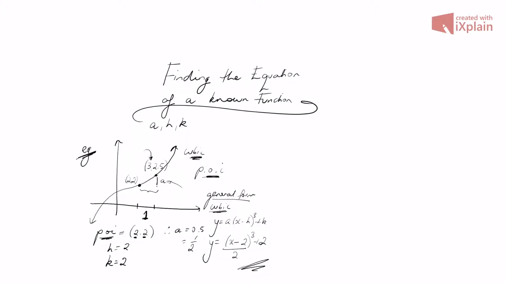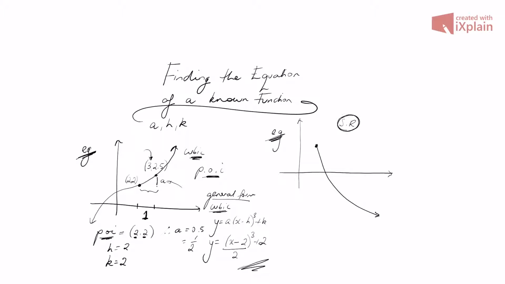So let's have a look at a second example where we know the point of inflection, but we don't necessarily know a point that's one step across from it. Now this is a square root function.